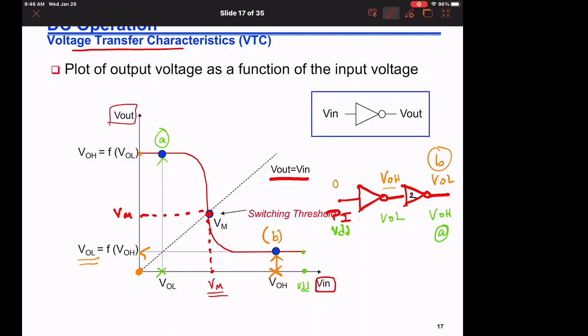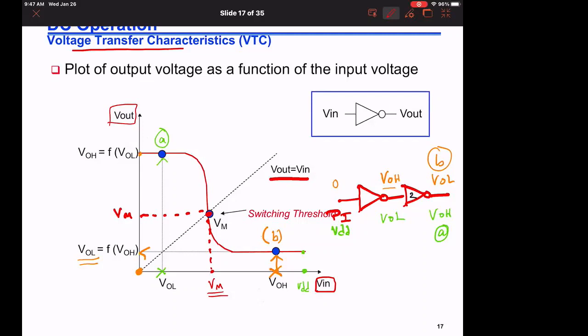It tells me how good the inverter is. Now, I see a question from Paul regarding what VDD over 2 gives as an output in the circuit. Paul, depending on the circuit design itself, VDD over 2 is going to fall somewhere.